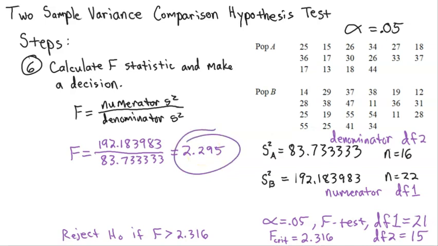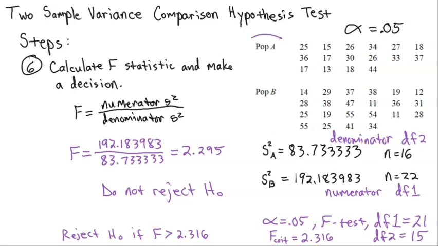So here's our 2.295, and you can see that 2.295 is not greater than 2.316. Therefore, we are going to say do not reject H sub 0. And so here's our conclusion: we're going to assume that the variance of population A is no different than the variance of population B. And you may say, you know, Mr. Ryan, 192 is way bigger than 83.